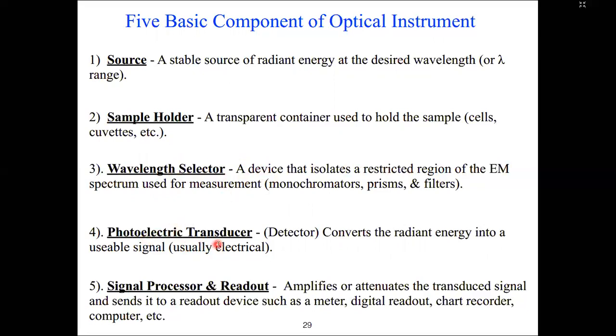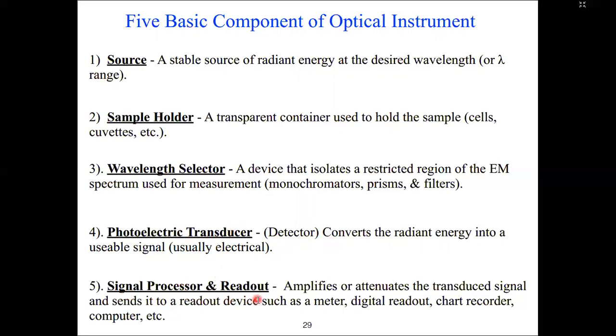Photoelectric transducer. In the previous slide, I showed you there are non-electrical information and electrical information, right? This is the device that converts non-electrical information into electrical information and electrical information back into non-electrical information. Transducer. It is also the detector. We call it the detector.